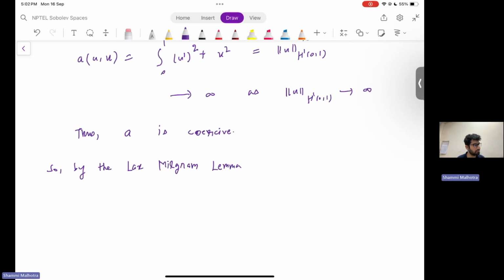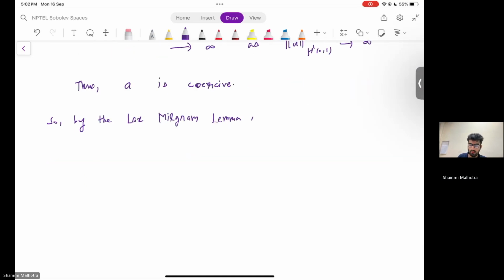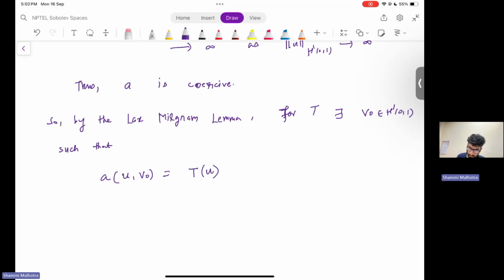We have here that for T there exists v naught in H^1_0 such that A(u, v naught) is nothing but T(u), and that holds for all u in H^1_0.